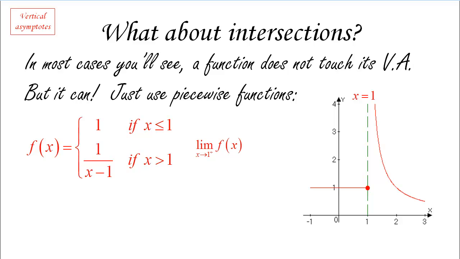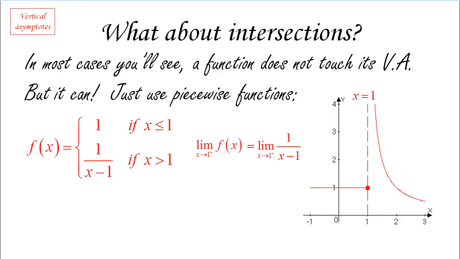Is this limit infinite? Well, if I'm approaching 1 from the right hand side, I need to use the second formula for the function. So I'm actually computing the limit as x approaches 1 from the right, of 1 over x minus 1. And this is exactly a situation where the top is a finite number not equal to 0, it's 1, and the bottom is a number which is approaching 0, and therefore it's becoming smaller and smaller.